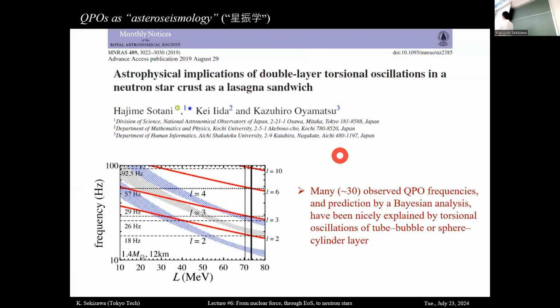Then they found that there are actually 30 observed QPO frequencies, and in addition there are some Bayesian analysis predictions. And actually, they could reproduce those characteristic QPO frequencies using this lasagna sandwich model. Okay, so it is kind of strong evidence of the existence of nuclear pasta inside the neutron star.